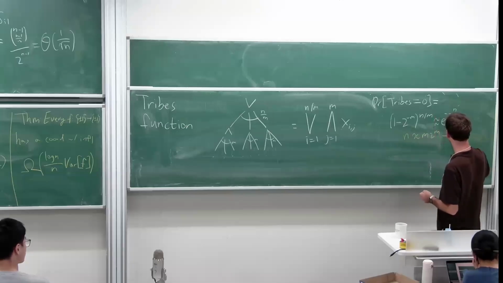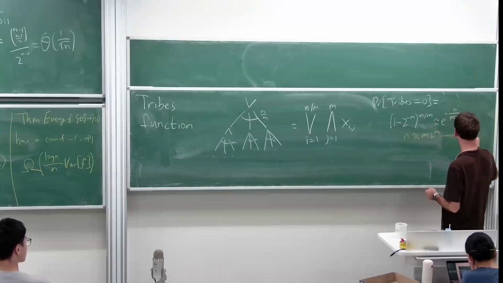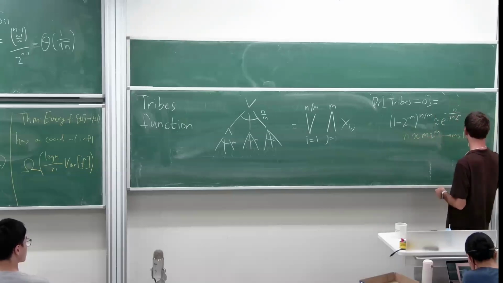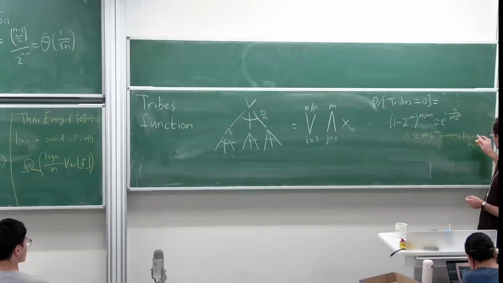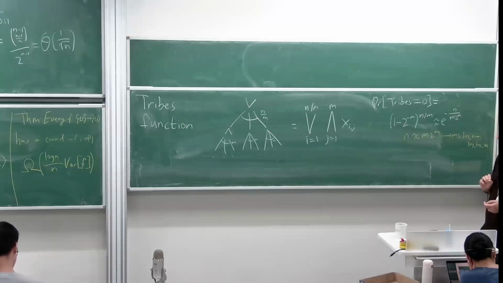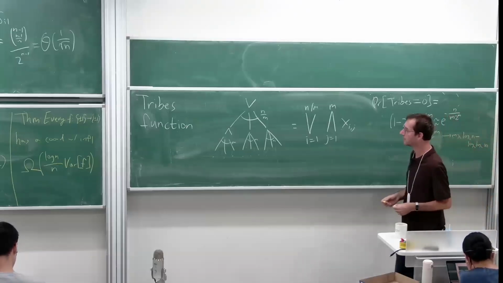So m is roughly log n minus log m, roughly log n. This is the size of each of the tribes, and the number of tribes is something like n over log n. It's some calculation, it's not so important.